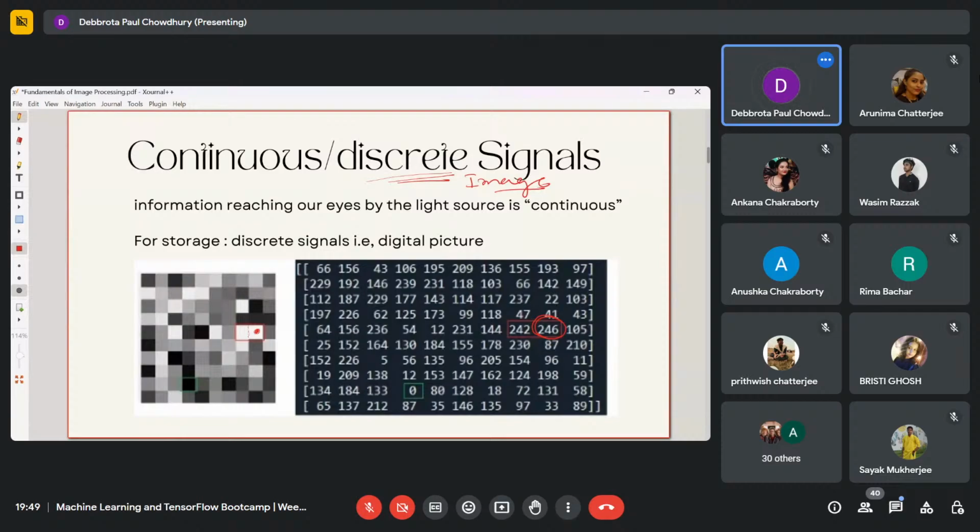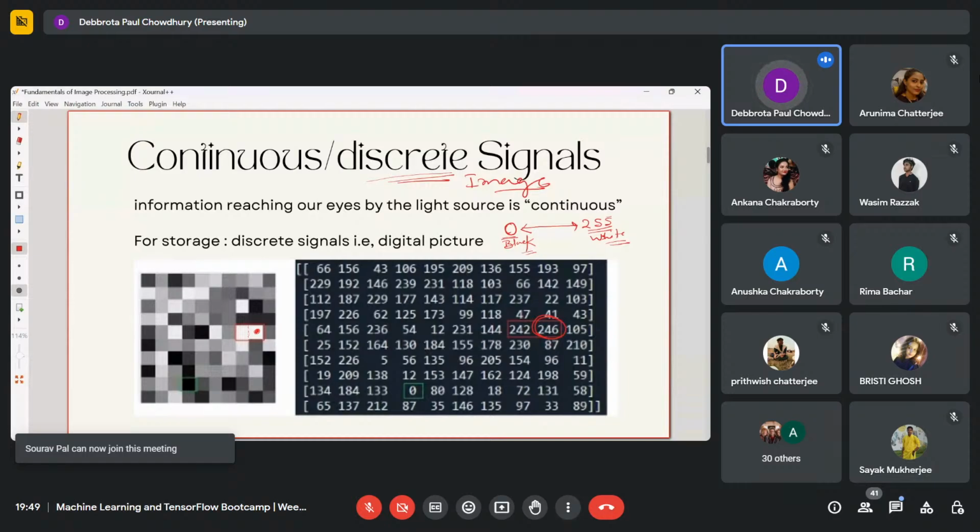Whenever there is a bright pixel, if we are seeing white values or values tending to white, those values will be closer to 255. These pixel values range from 0 to 255. So 0 means a black pixel, and 255 means a pure white pixel.